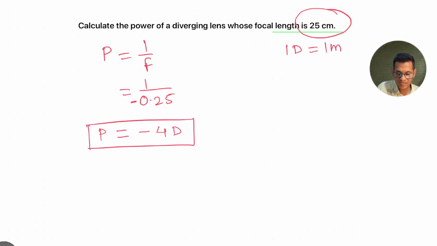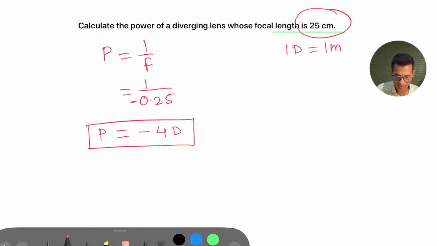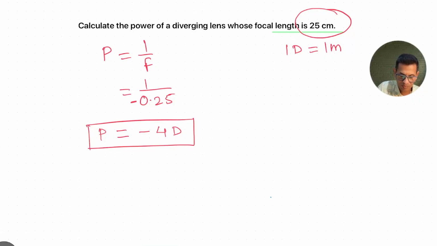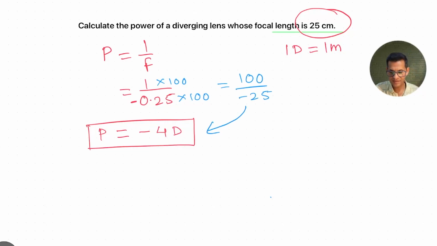Now if you are confused with decimals, or if you want to remove the decimals and then divide, you can simply multiply both numerator and denominator by 100. So I will get 100 upon negative 25, and that's how I get the answer as -4 diopters. So that's how we can solve simple power problems.